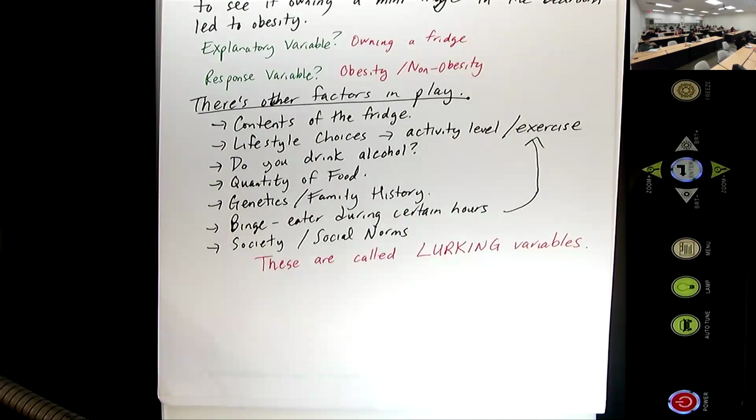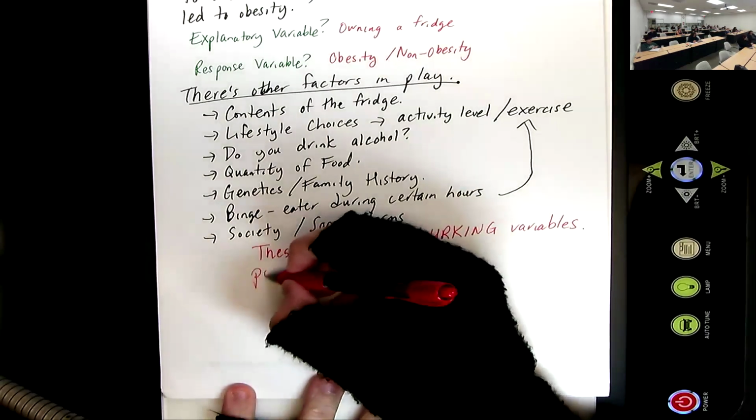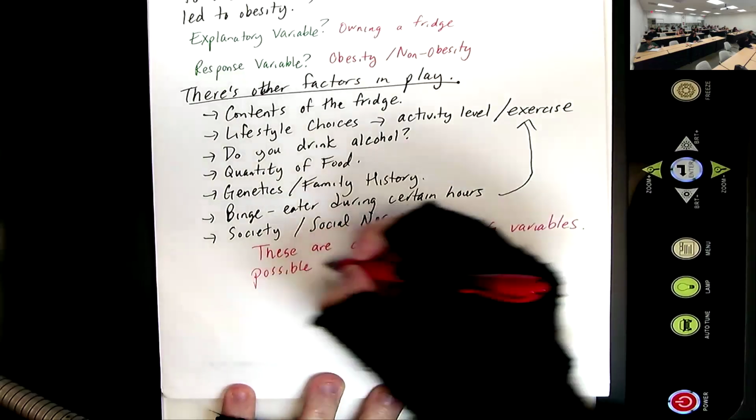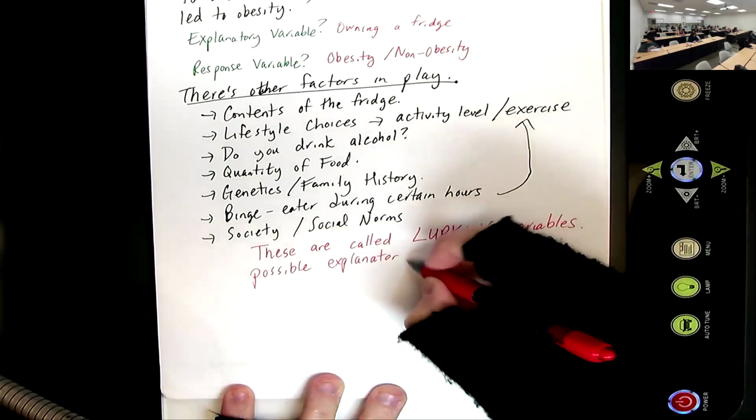When they're getting ready to pounce on something, a rat or a mouse, or sometimes a fly, they'll creep up. Lurking, they're sneaky. It means that they're there, but they're not obvious. So, possible explanatory variables that are not being discussed in the experiment.